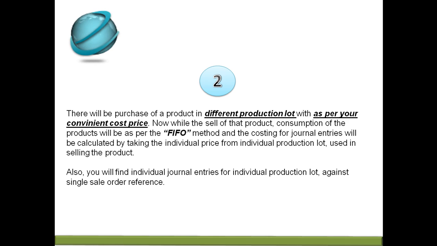Also, you will find individual journal entries for each production lot against the single sale order reference. That means here we will be creating two production lots that will have different cost prices. Whenever we sell the products, they will be sold as per the FIFO method. That means first of all the products will be sold from the very first production lot and then from the next.